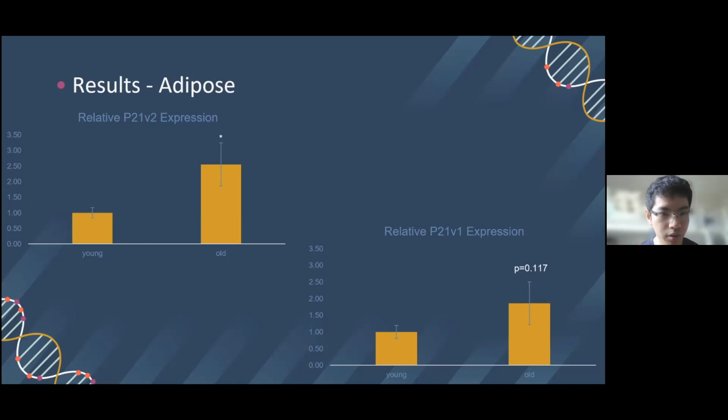For the results, for the P21 variant 2 expression, there was a significant upregulation in the old mice compared to the young mice, unlike in P21 variant 1. There wasn't any significance there, but it showed a strong trend towards older mice as well.